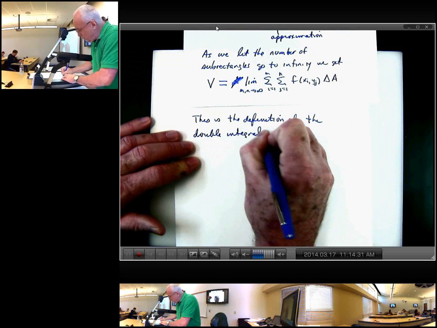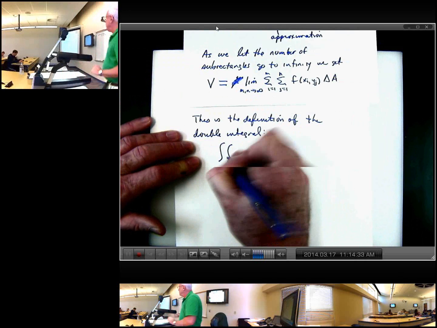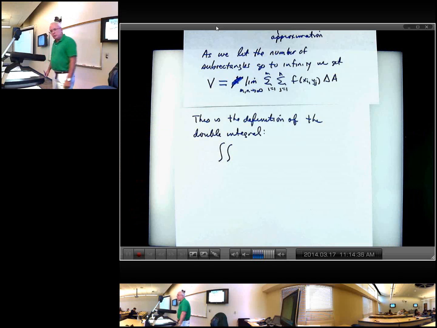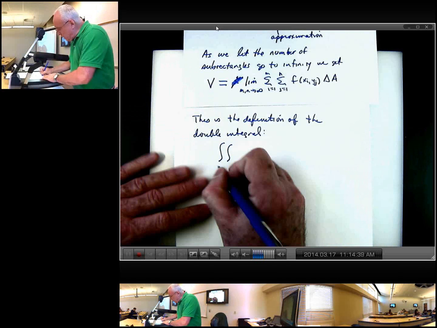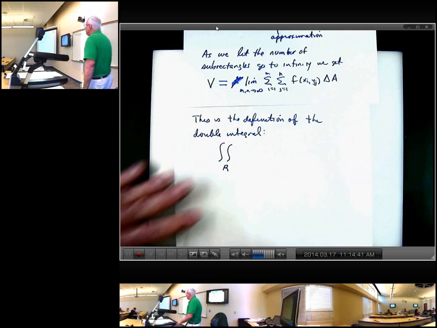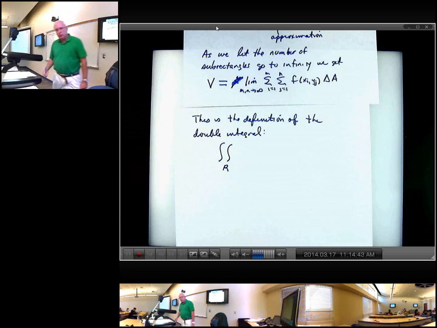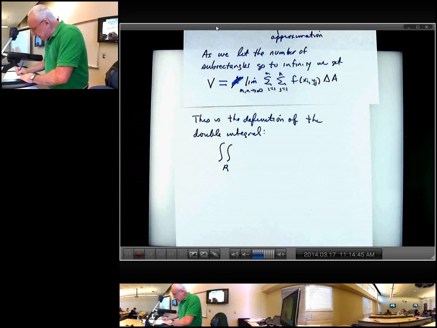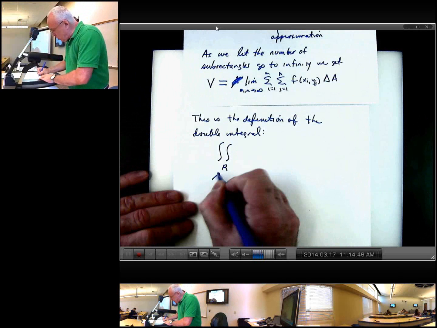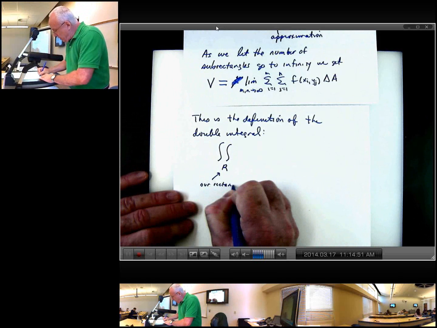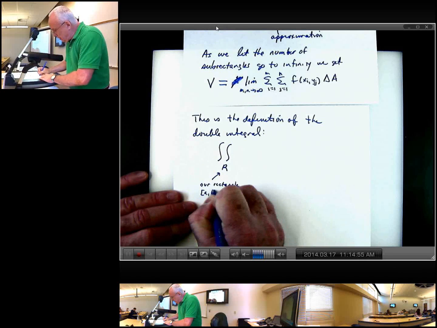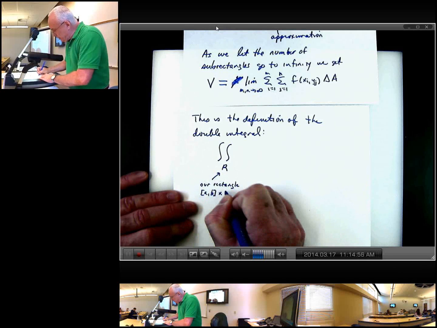Now we have two integration signs instead of just one. Below that, we put the region over which we are integrating. In our case, this is our rectangle, [a,b] cross [c,d].